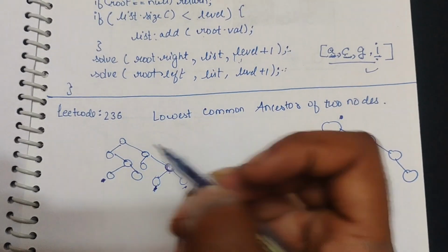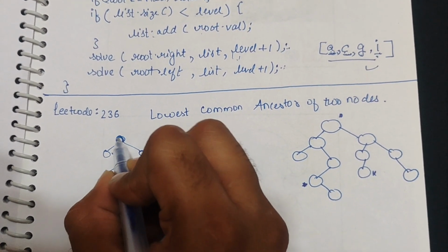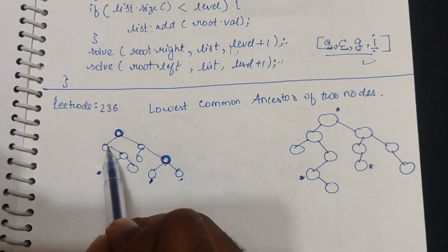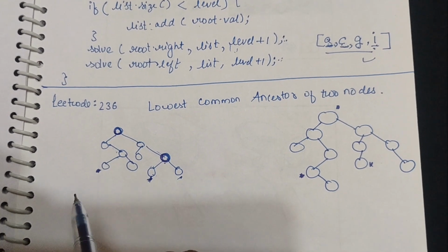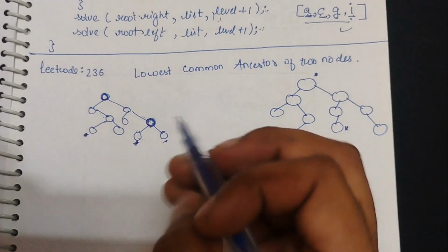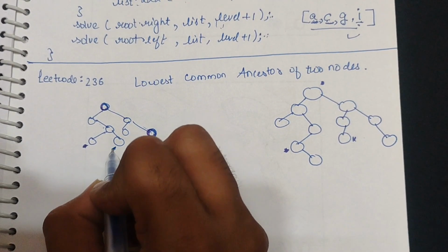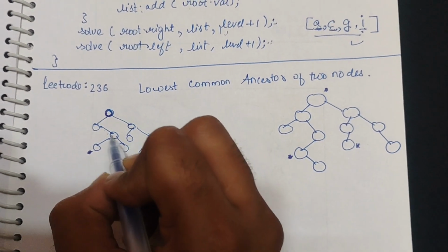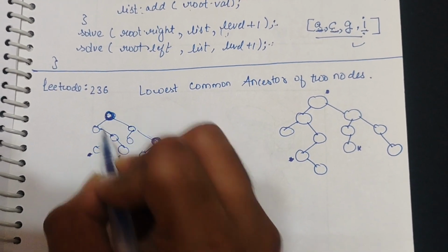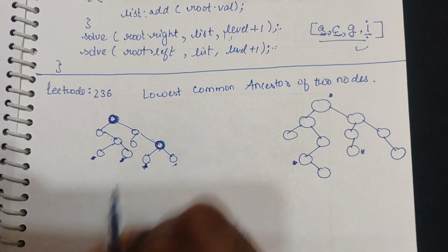I can see there is only one, that is this root node, which is deriving this and this node, right? And what if I ask the LCA of this node and this node?